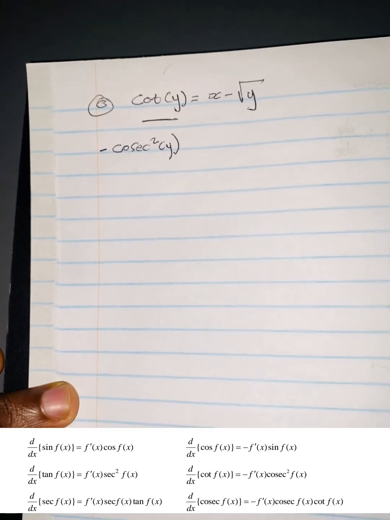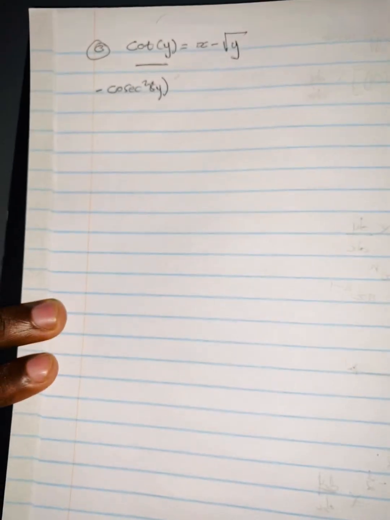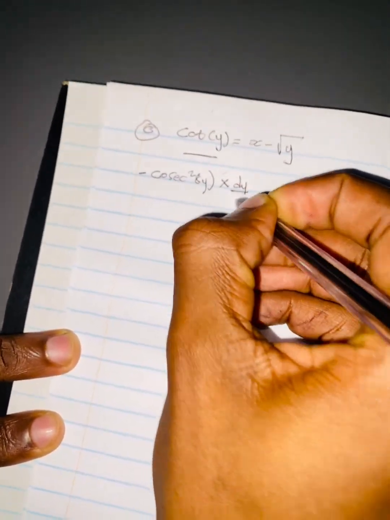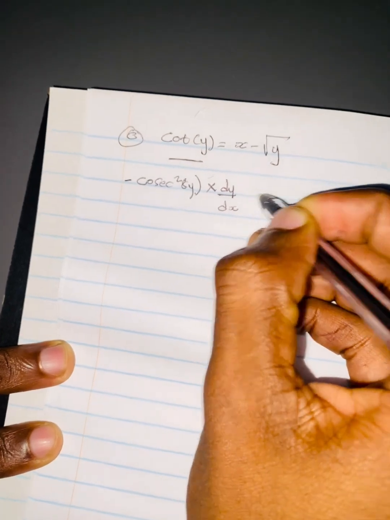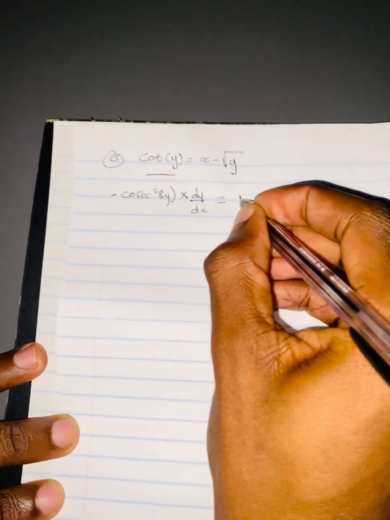Derivative of cot from the table, it's negative cosecant squared of y. But because we are deriving implicit and we are deriving y, we also have to multiply with dy over dx, equal to derivative of x in terms of x, it will become 1.